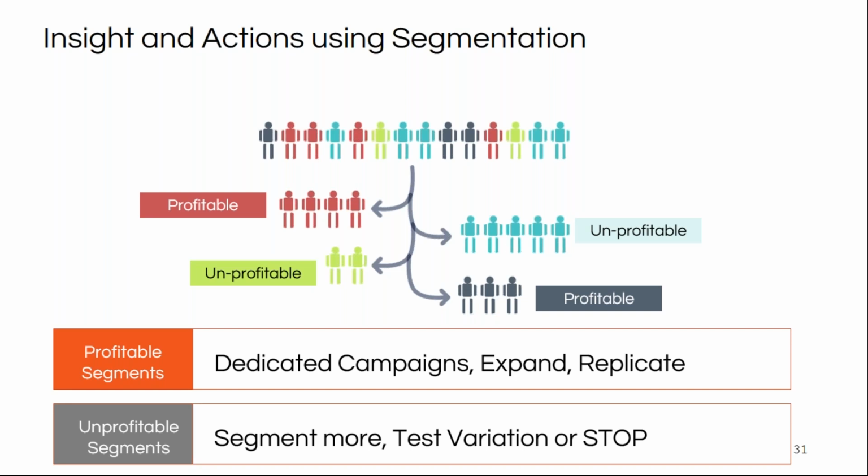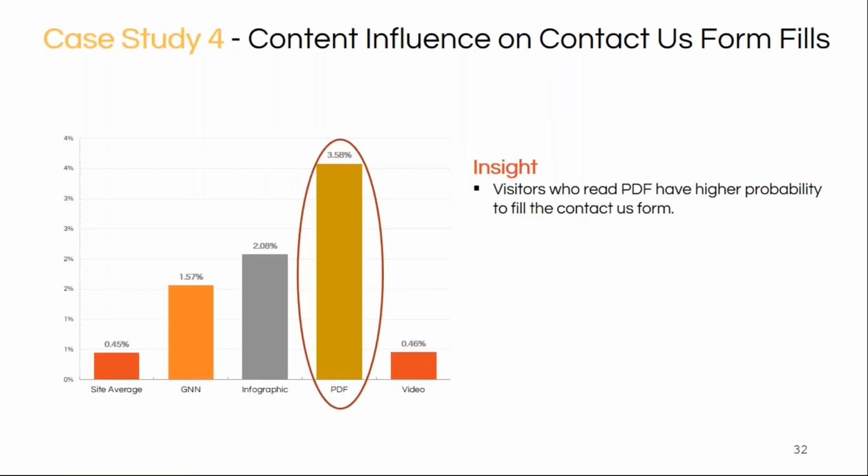And also you need to test variations. If one segment is not performing well, test different ad variations, different products, or different landing pages. From that you can make unprofitable segments profitable. If you can't find anything like that, just stop the campaign and allocate that money to the profitable segments.